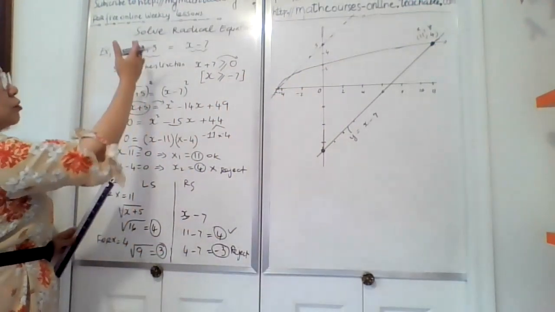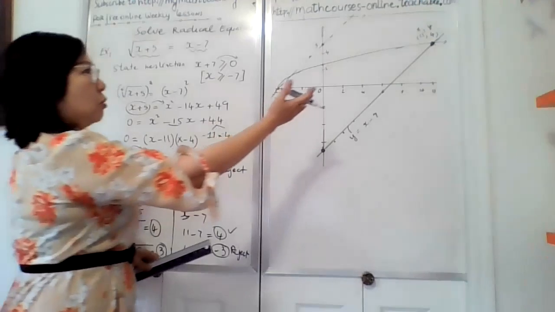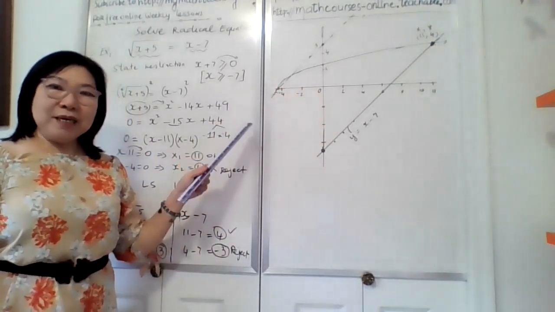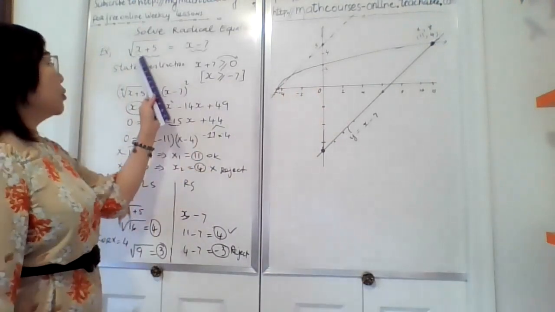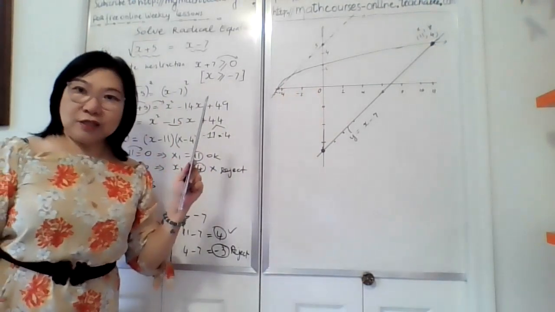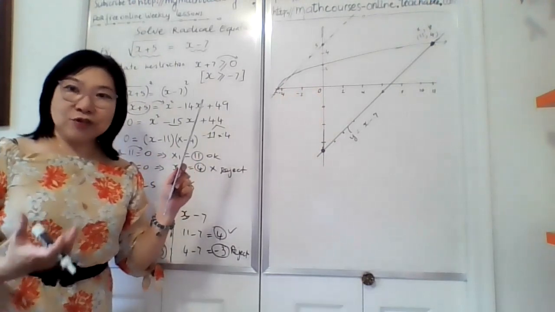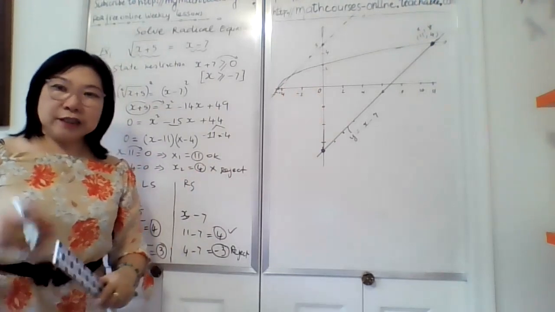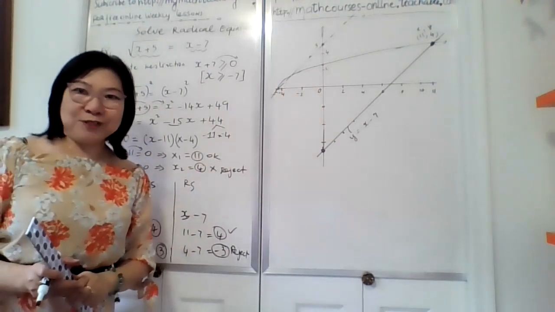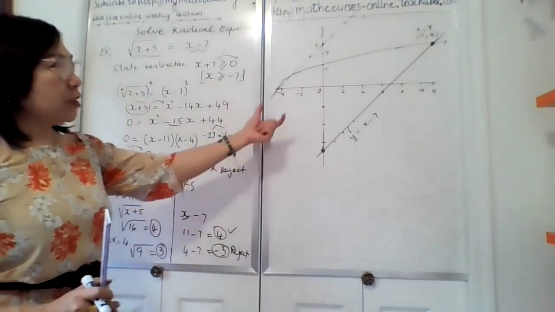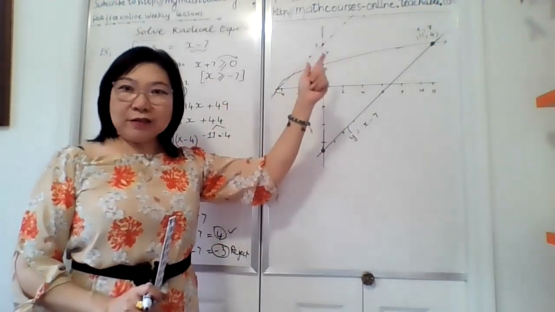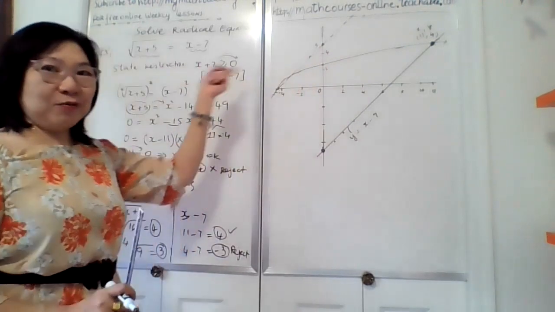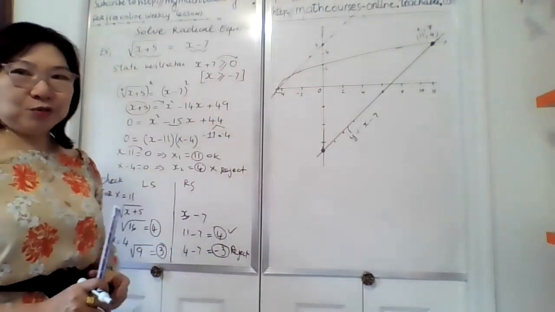So either way, whether we solve algebraically or graphically, we get the same answer. And it means that for this equation, there's only one solution. The other one is an extraneous root or the rejected root. We cannot accept that solution. And therefore, when we sketch it, it appears on the graph as only one solution.